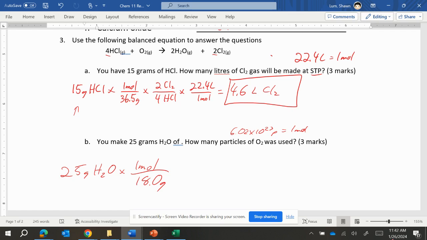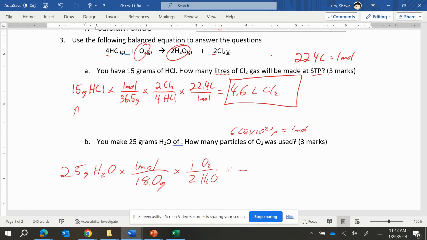And so water, and then I'm going to go times by, we have 2 water is equal to 1 oxygen. So by this standard right here, I am now in moles of oxygen gas.